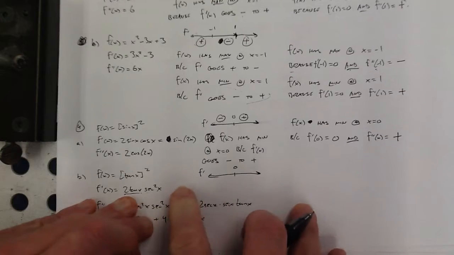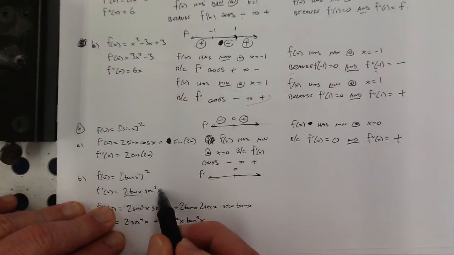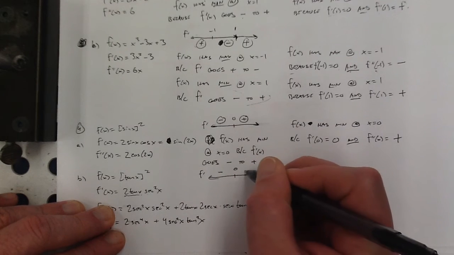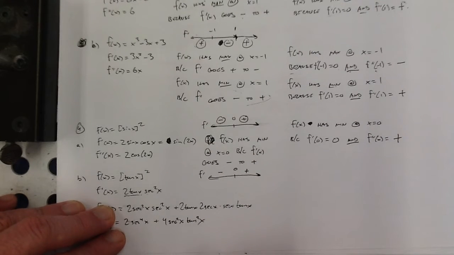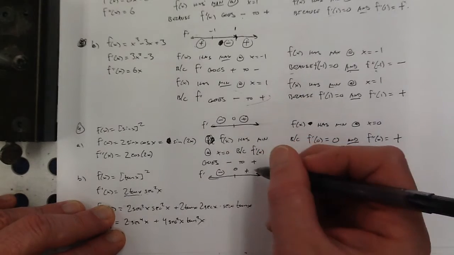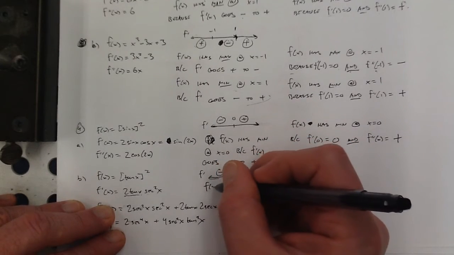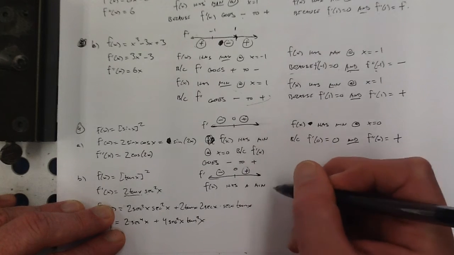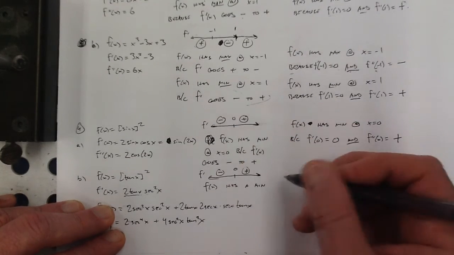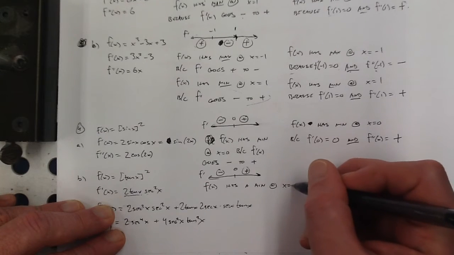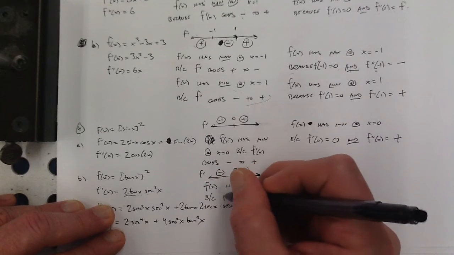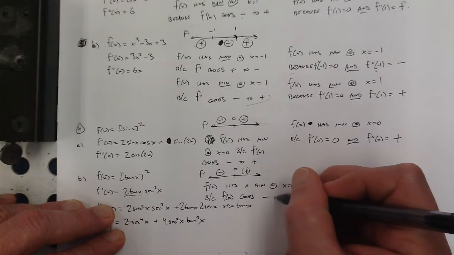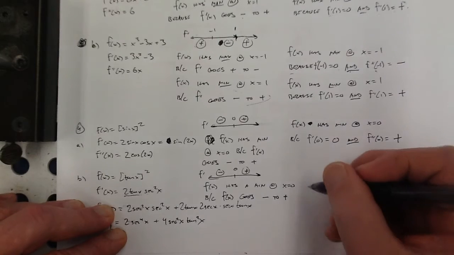So let's see, the secant squared is always going to be positive. It's something squared. So the tangent function goes from negative to positive. Right? So that means that f of x has a minimum, decreasing, increasing, at x equals 0 because f prime of x goes from negative to positive.